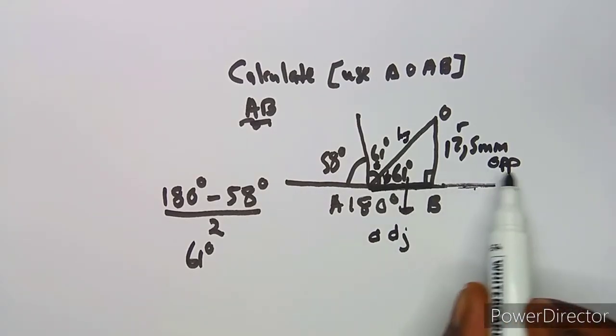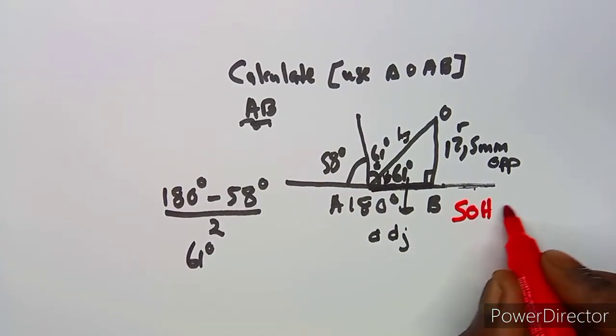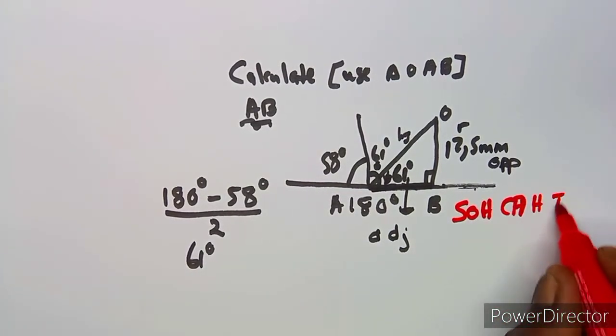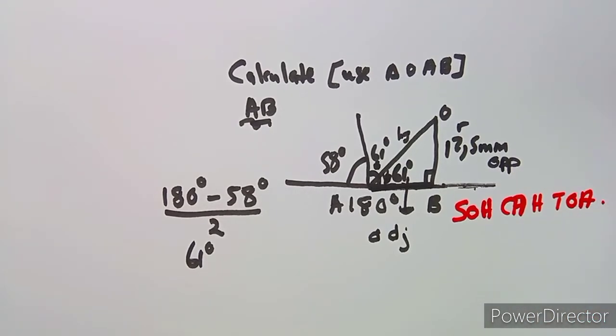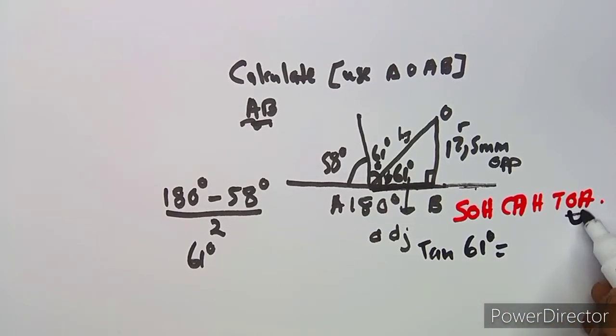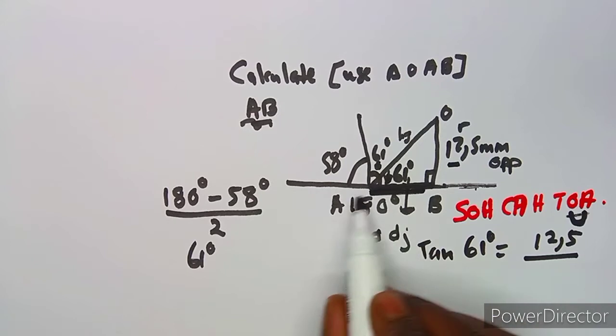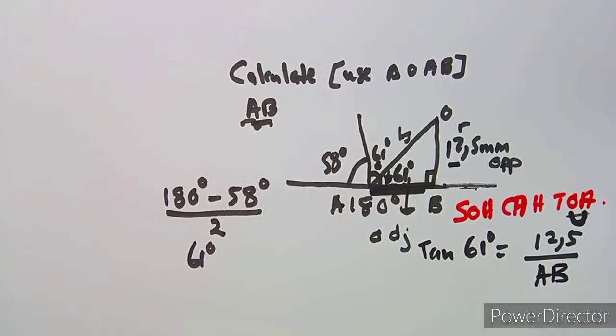So which ratio uses adjacent and opposite at the same time? That's your tan. Remember from your SOH CAH TOA, opposite and adjacent is for tan here. So that's tan 61 degrees is equal to opposite over adjacent. So our opposite is 12.5 over the adjacent, which is AB, this one, A to B that we want to calculate.